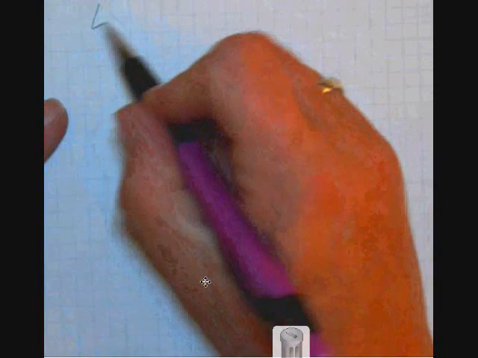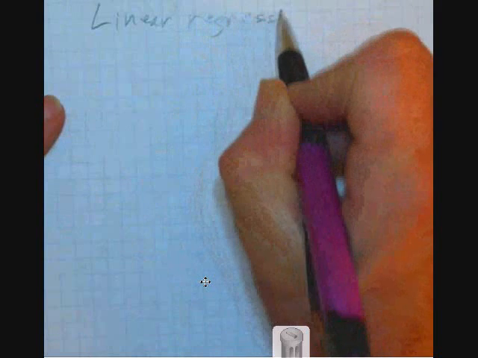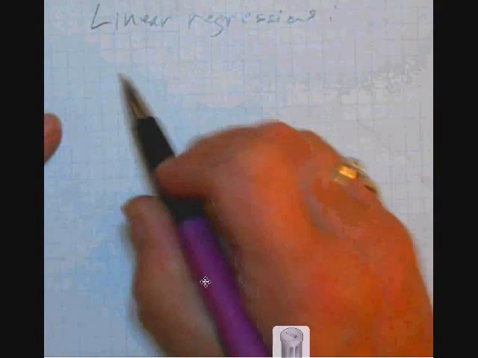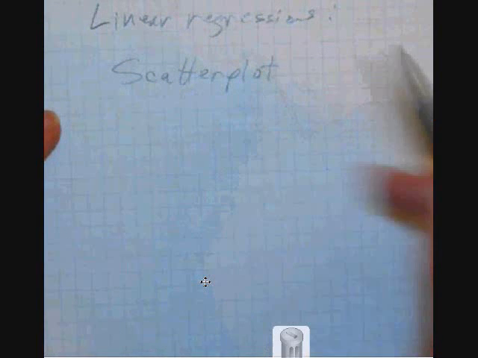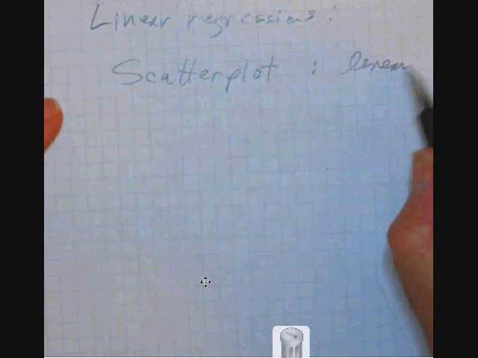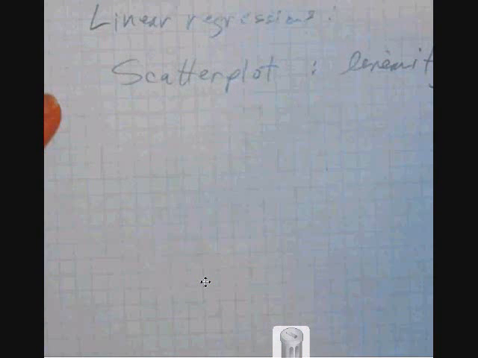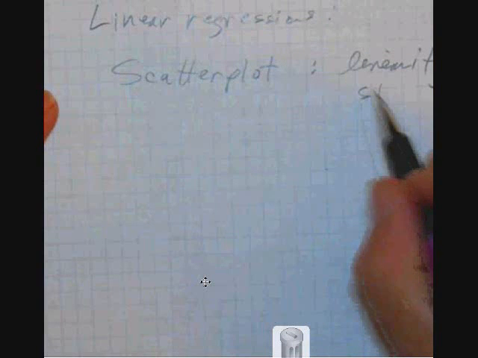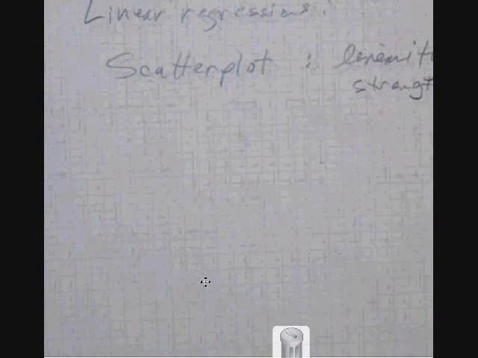Alright, so with linear regression, we always make a scatter plot. And we check it for linearity and direction and strength. Okay?